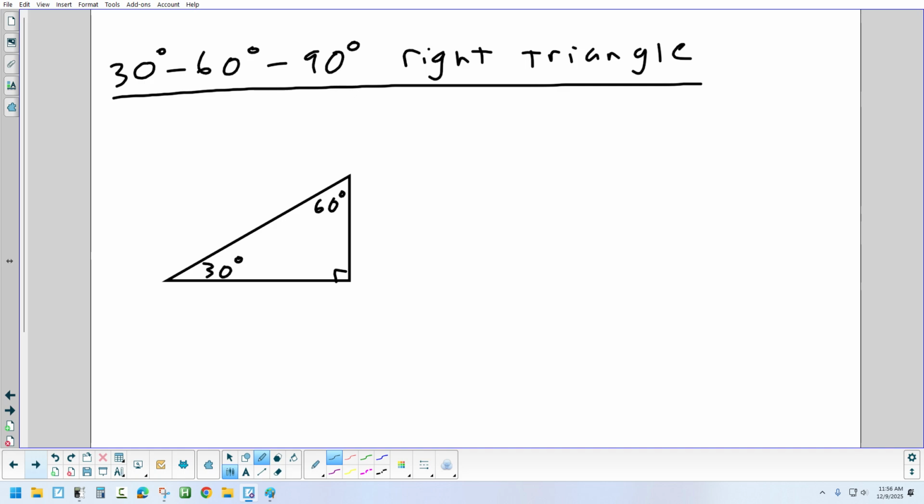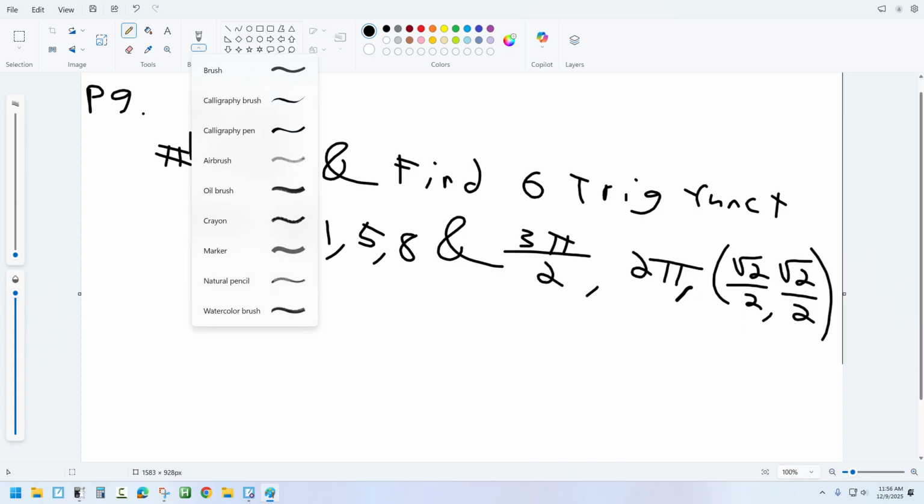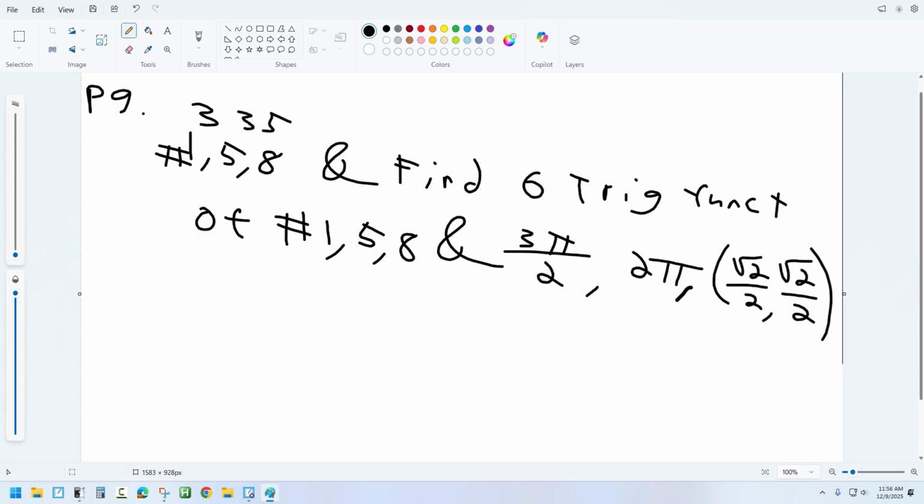All right, so homework for tonight is going to be on 335. And I want to do also 14 and 22.